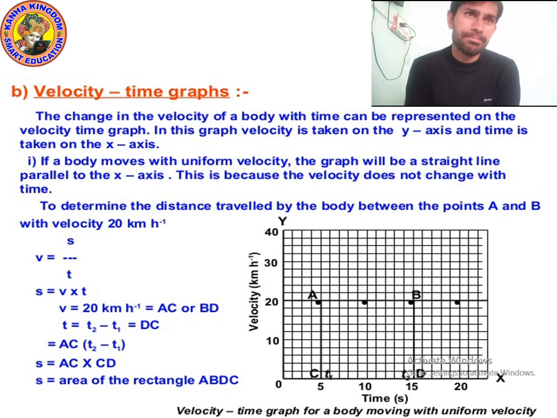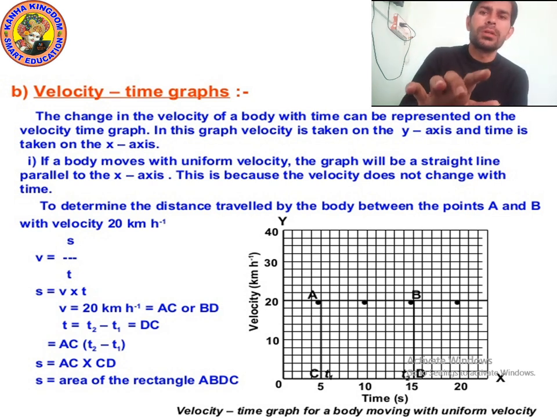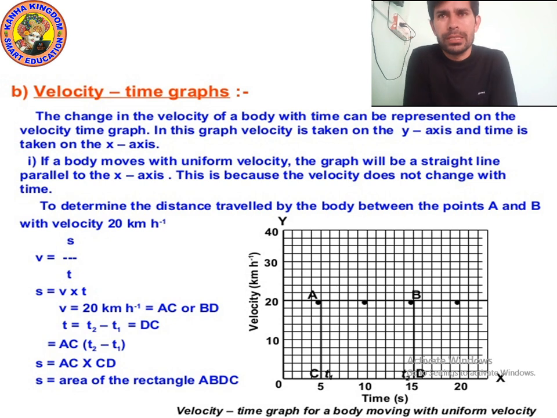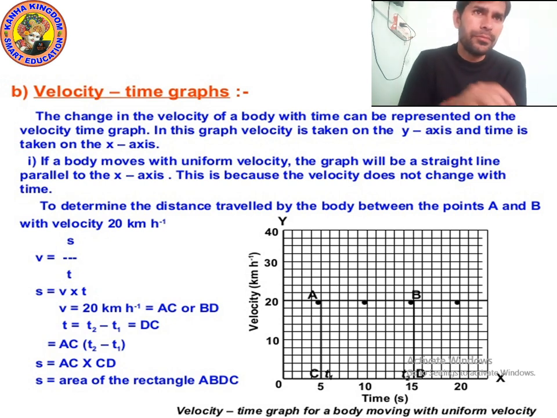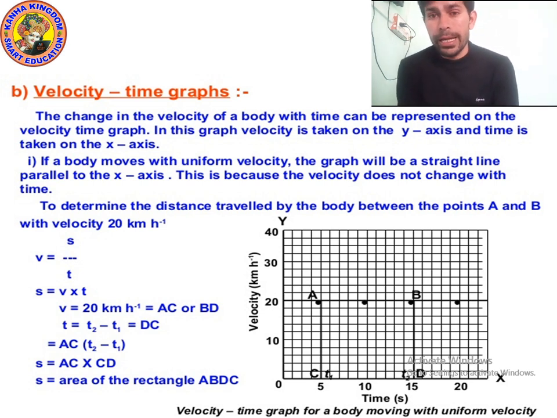So, kids, as you can see on your screen, this is the velocity time graph. On the x-axis, time is shown in seconds, and on the y-axis, velocity is shown.